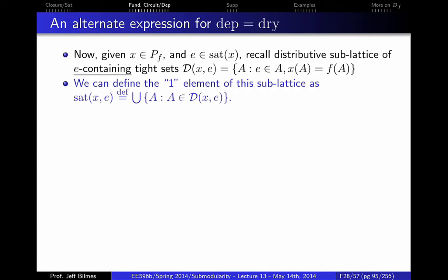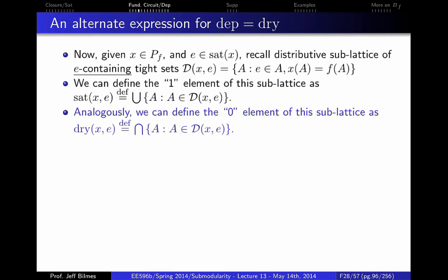This is like the inner diamond that we saw in the big triangle. We have the big triangle, the medium triangle, and the baby triangle. This is the small diamond, and this is sort of the one element in that small diamond. But similarly, we can define dry x of E, which is the minimal E-containing tight set. It's like the zero element of this sublattice.